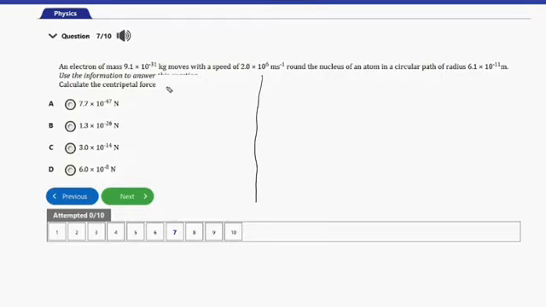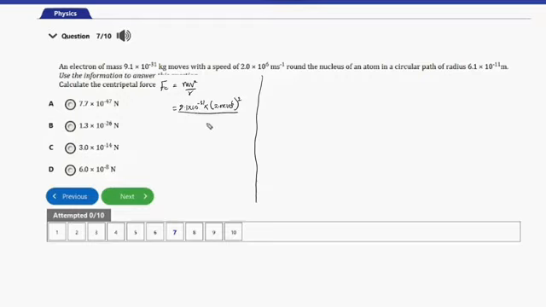So guys, for this question here, we are simply going to use the centripetal force, Fc, is equal to mv squared over r, where m is the mass of the electron, v is the speed here, and r is the radius of the path. So for this here, we have mass 9.1 times 10 to the power of negative 31 times the square of the speed, that's 2.0 times 10 to the power of 6 squared.